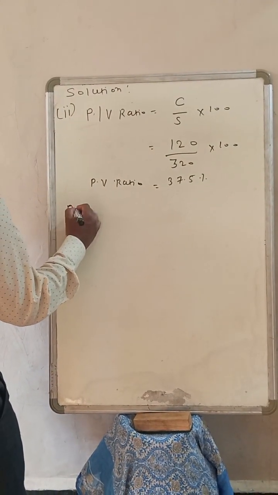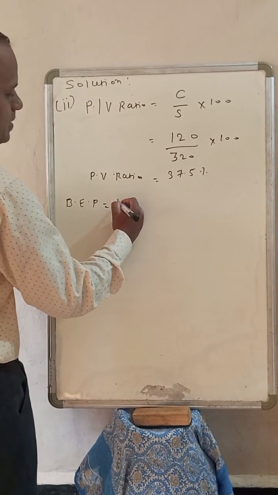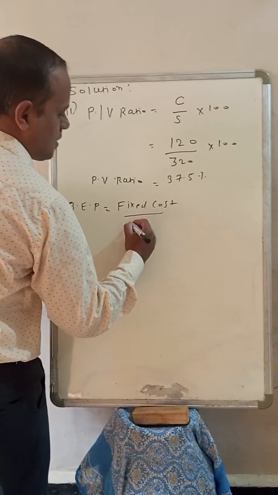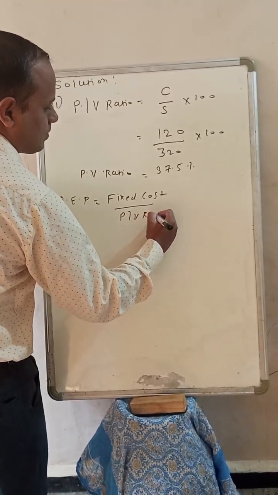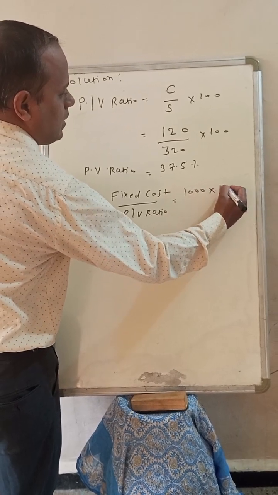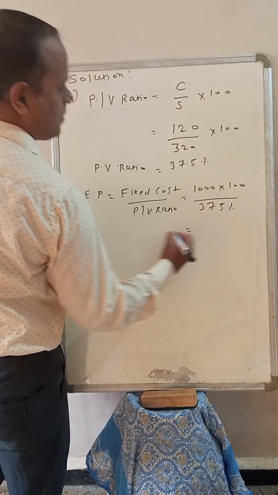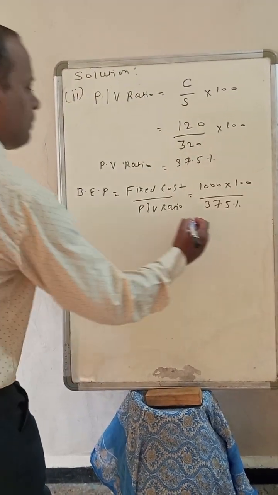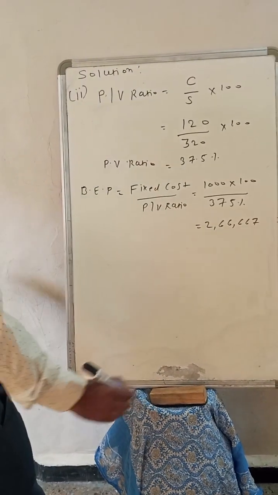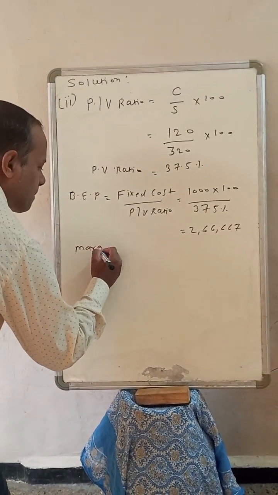Next, we have to calculate the break-even point if the selling price is reduced by 20%. Again, the formula remains the same, fixed cost upon PV ratio. So fixed cost is 1000 calculators into 100 divided by 37.5%. So your answer would be 2,66,667. And last one is margin of safety.